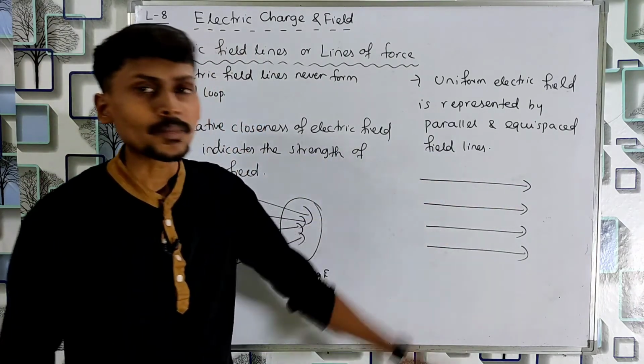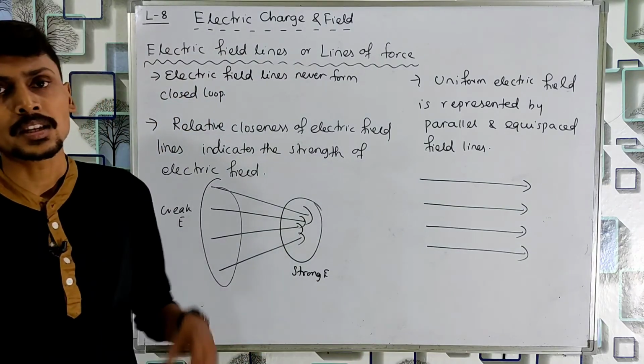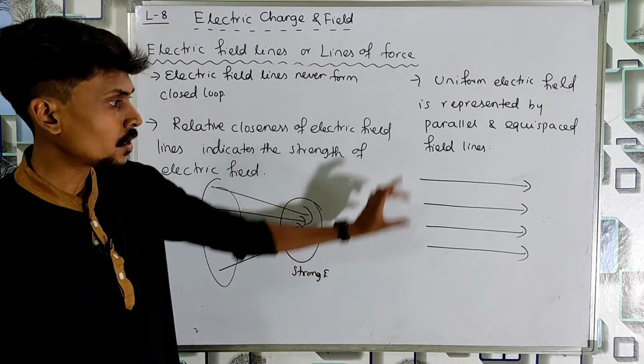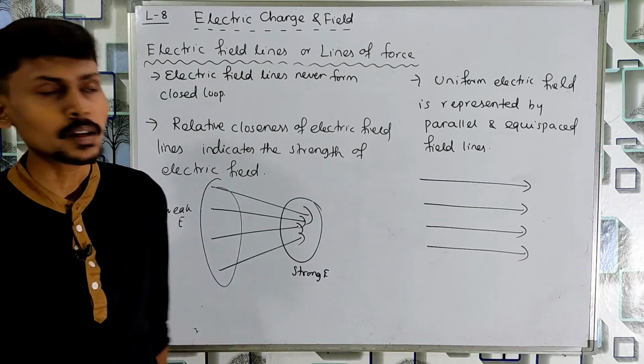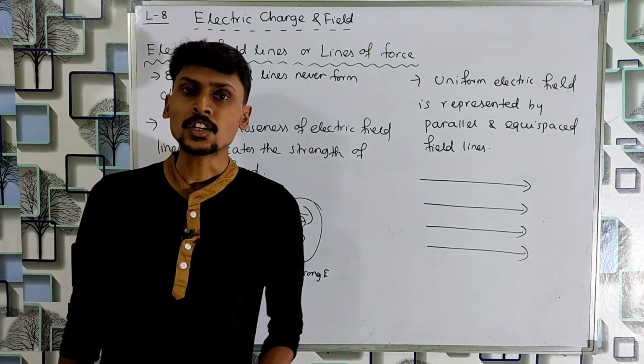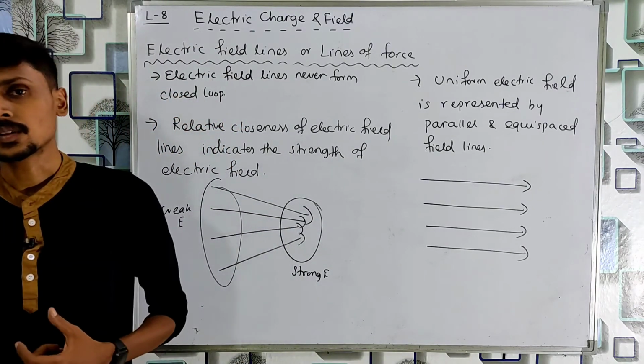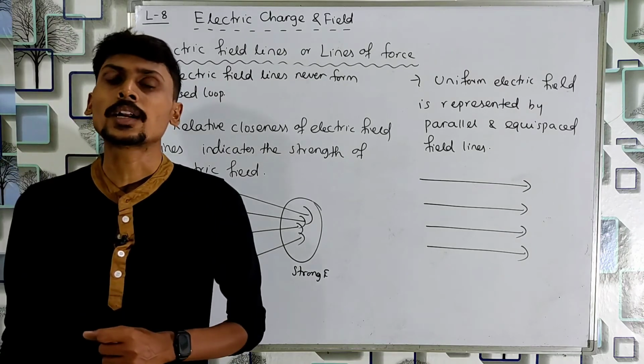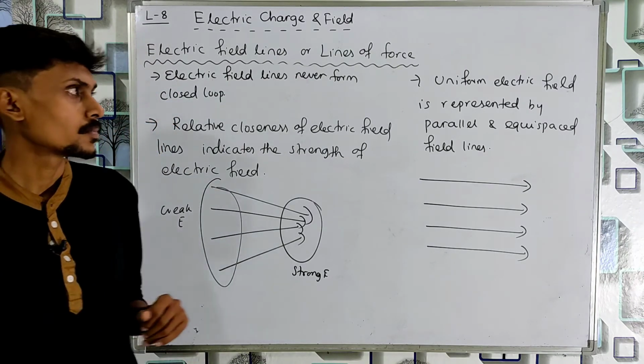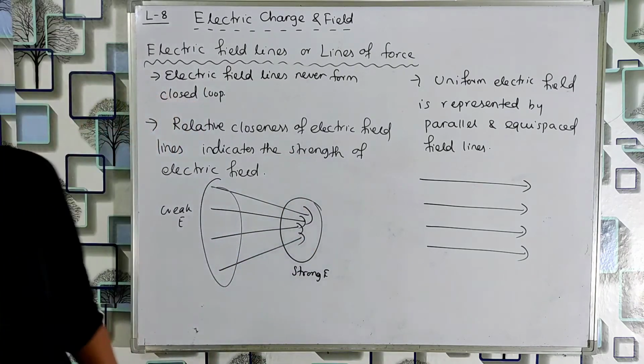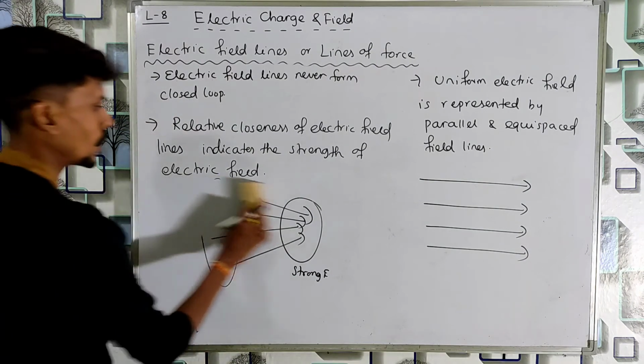Since the lines are parallel, the direction of electric field intensity is the same everywhere, and the equal spacing indicates the same magnitude of electric field intensity at every point. This is known as the uniform electric field.